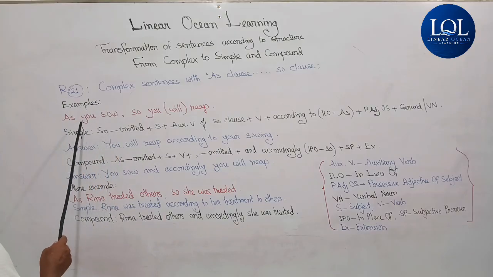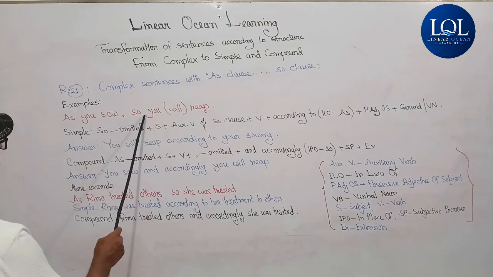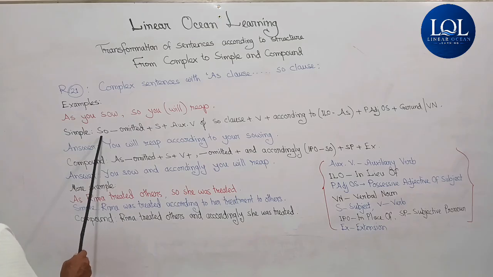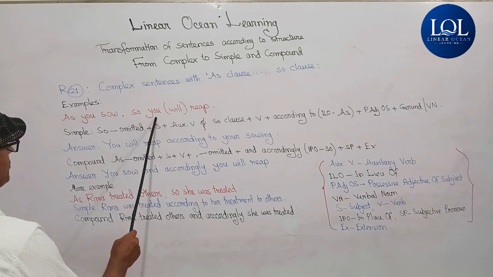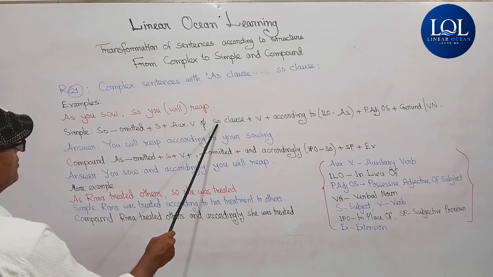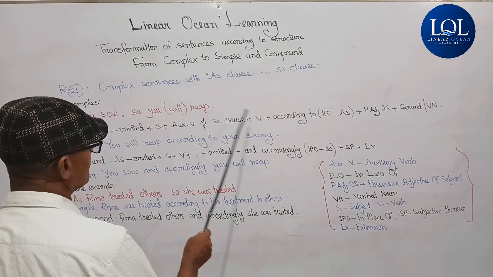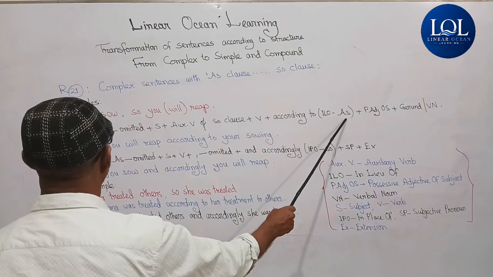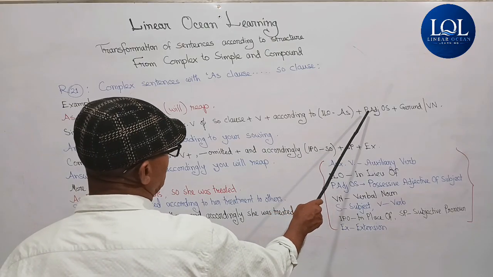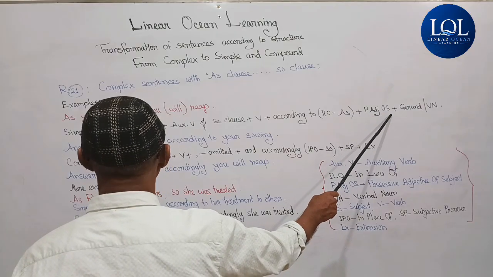Now let us talk about the structure to put the complex sentence "As you sow, so you will reap" into a simple one. So omitted, plus subject, here the subject is you, plus the auxiliary verb will of the so clause, plus the verb reap, according to. ILO means in lieu of or instead of as, this as, PAdjOS, possessive adjective of subject.